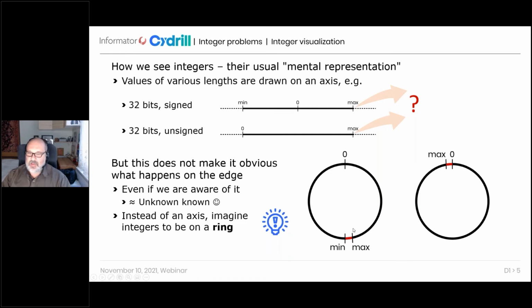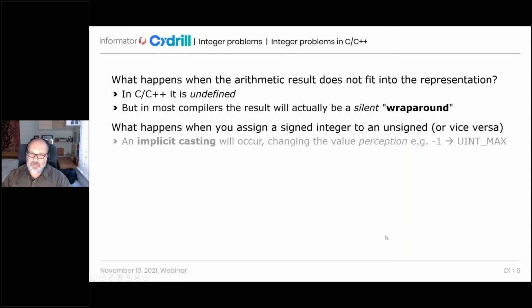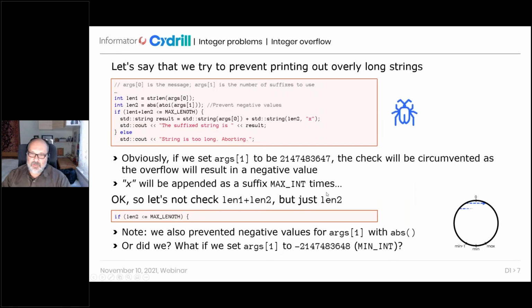The minimum is exactly below the 0, and we have one single value less on the right side of the ring than we have on the left side, as is exactly visible here on the slide: the max int is 2 billion blah blah blah 647, while minint is minus 2 billion blah blah blah 648.